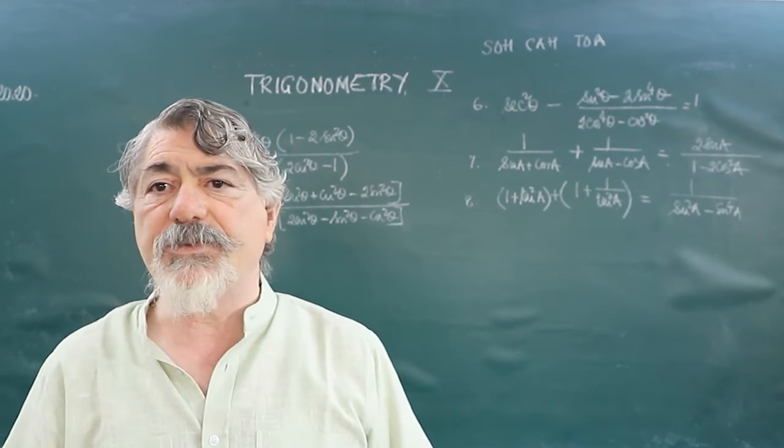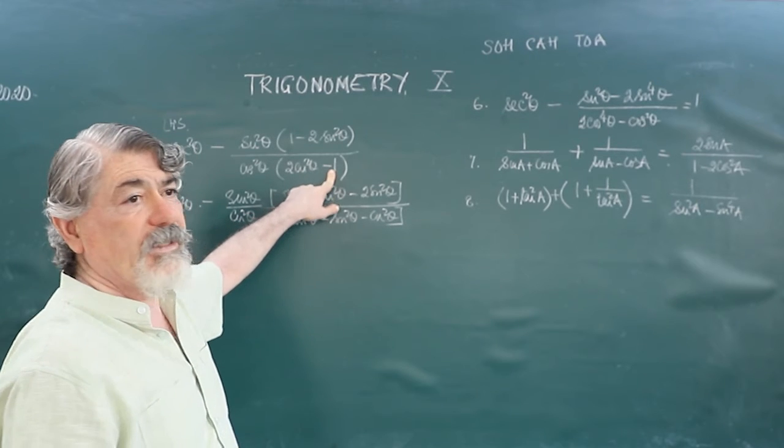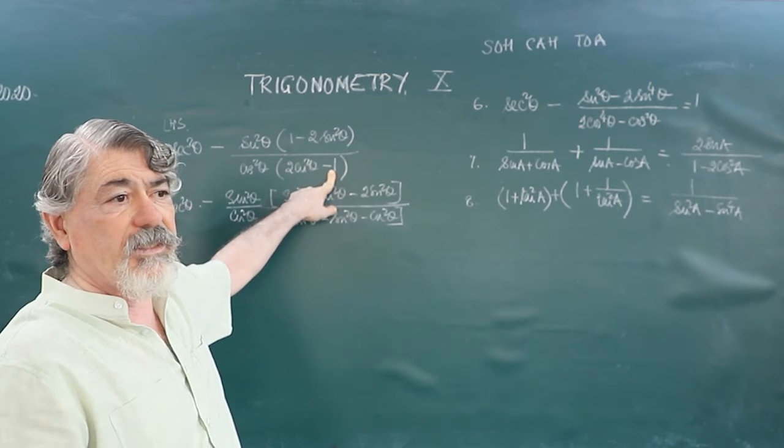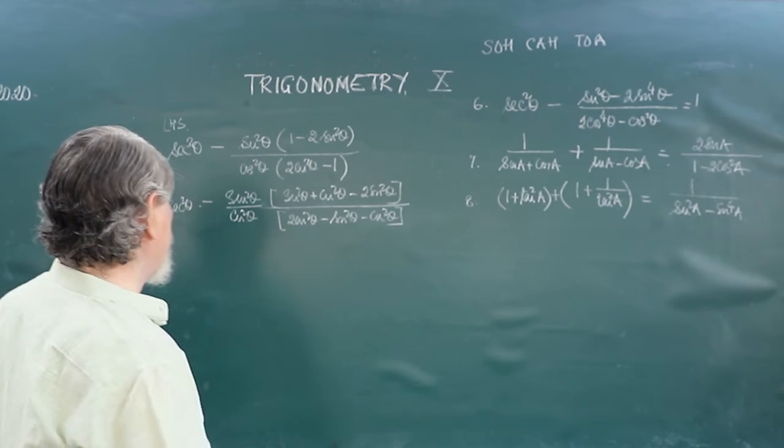I have written it in the previous question, so you will understand what I am doing here. In place of 1, I am writing sin square theta plus cos square theta. Since it is minus 1, the signs will change: minus sin square theta minus cos square theta.